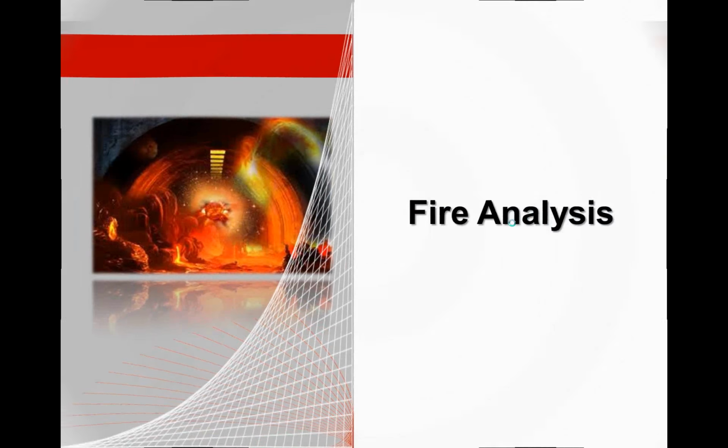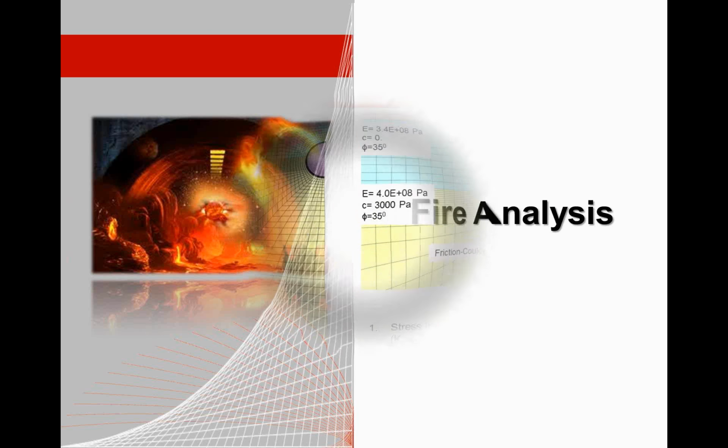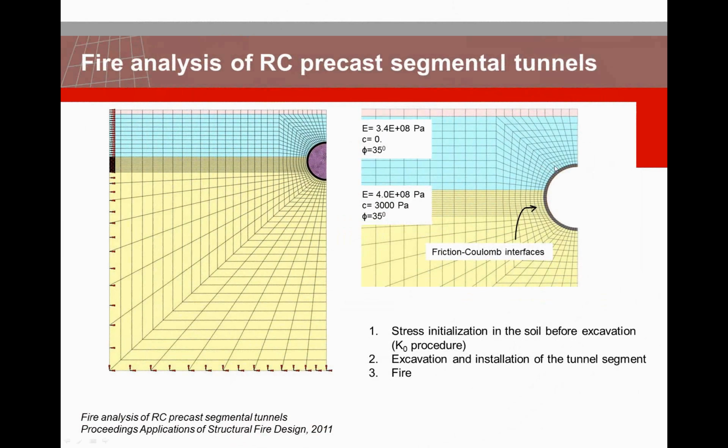And one more thing that Mehdi mentioned correctly in his presentation is the effect and impact of the fire, and especially these days all the codes and design aspects and authorities are asking for checking the fire analysis on the structures. So once again in DIANA you can combine all these effects including the structure of the tunnel lining, reinforcement part.